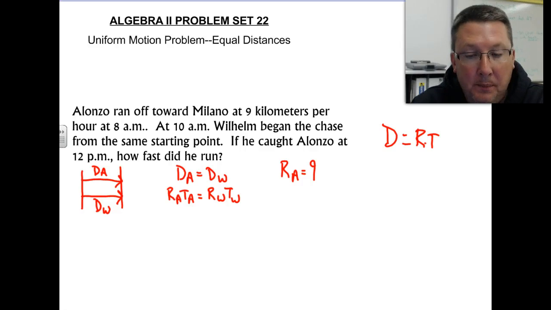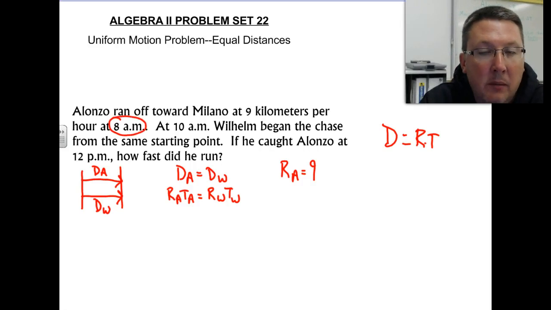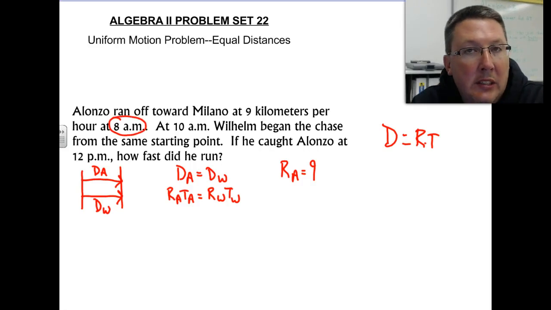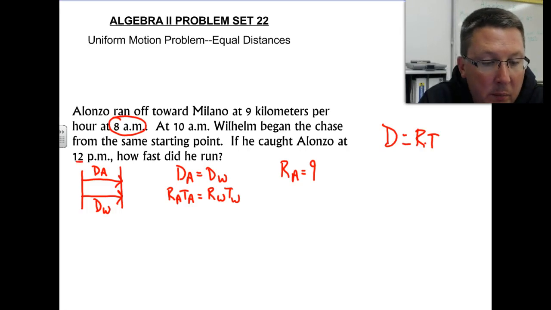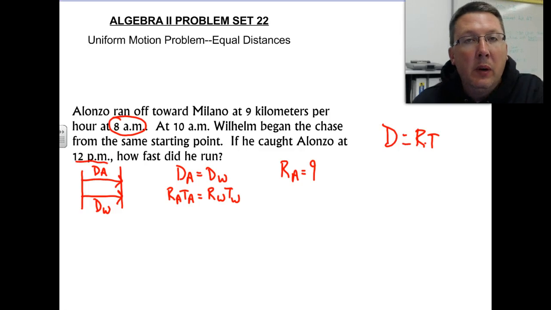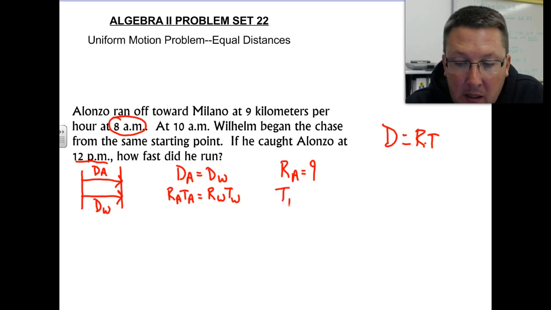Let's look at time. We need to look at what time Alonzo started. Alonzo started running at 8 a.m. We need to look at what time he got caught. He caught Alonzo at 12 p.m. So Alonzo ran from 8 a.m. to 12 p.m. How many hours is that? Well, from 8 a.m. to 12 p.m. is 4 hours.